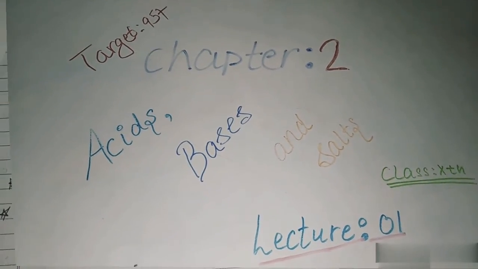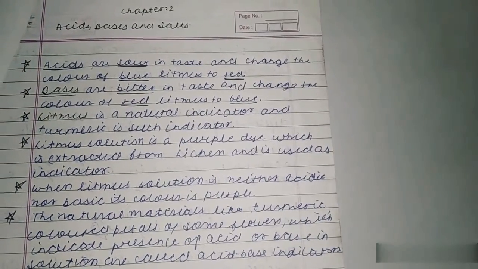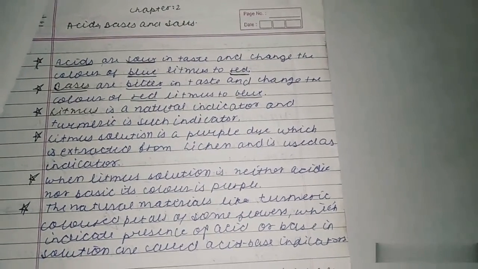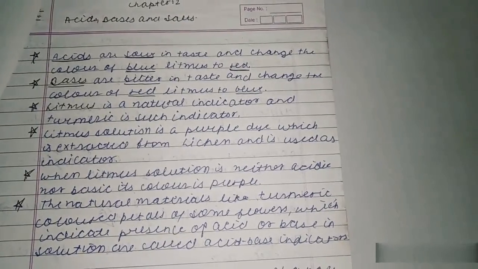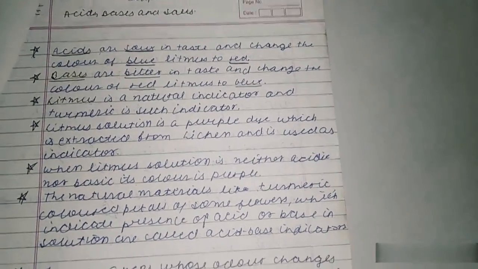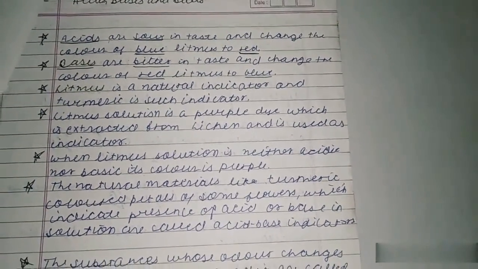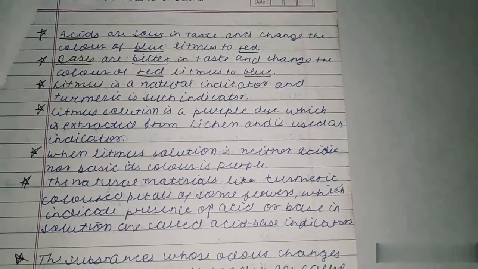So let's start. Friends, I will be teaching you the notes which I have prepared. So the question arises, what are acids? Acids are sour in taste and change the color of blue litmus paper to red.